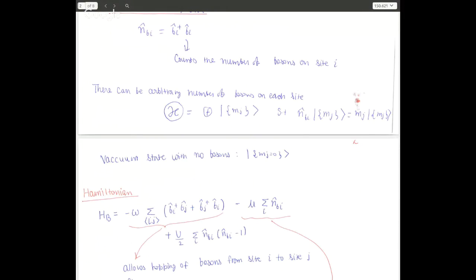How do you define the site? Is it a spatial point? Yeah, it's basically a spatial point. When I say an optical lattice, you have lasers that you shine in various dimensions, due to which you get different potential wells at different points in space.